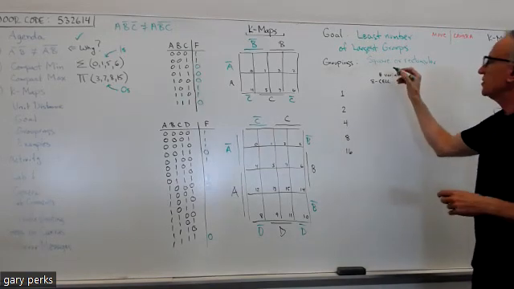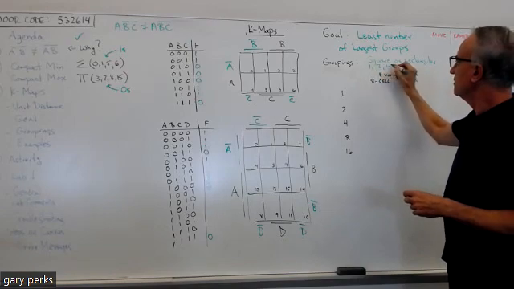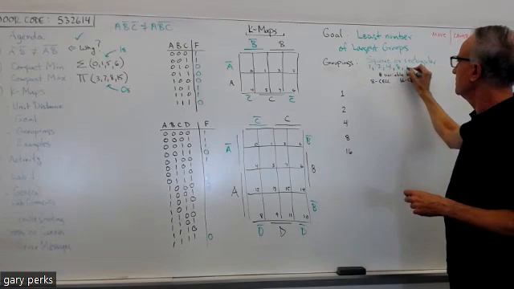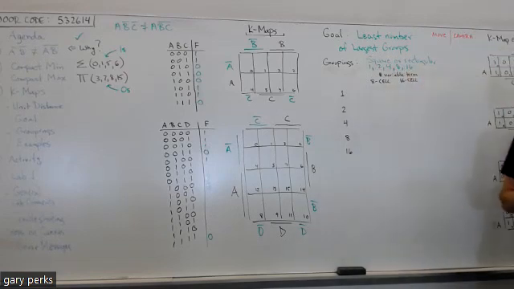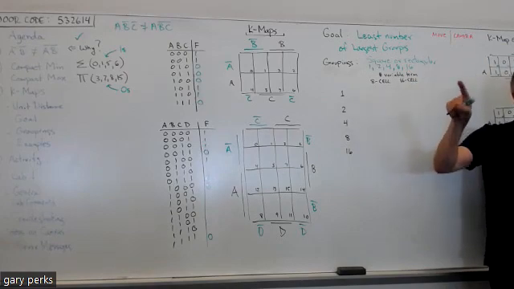And you can only group 1, 2, 4, 8, 16. You can't group threes. You can't group ones or zeros in threes or any other number other than 1, 2, 4, 8, 16.